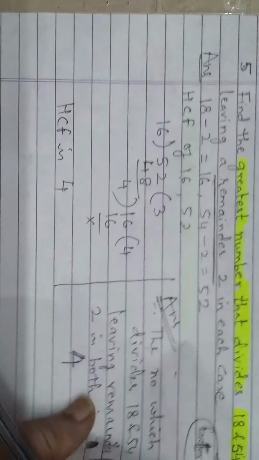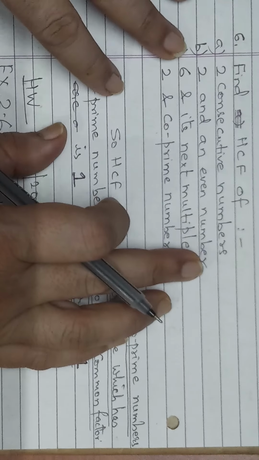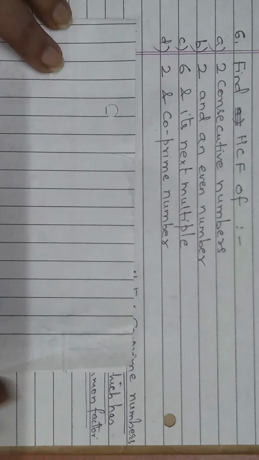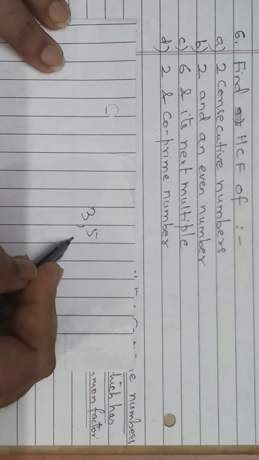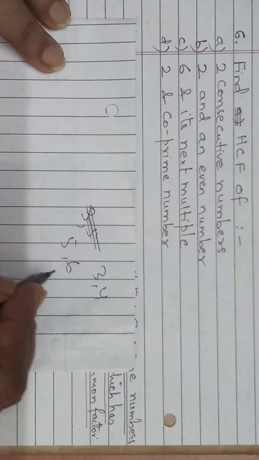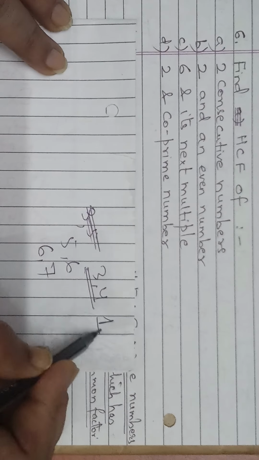Now our last part: find the HCF of two consecutive numbers. Let us see some examples of two consecutive numbers: 3 and 4, 5 and 6, 6 and 7, these are consecutive numbers और इनका HCF हमेशा 1 होगा.